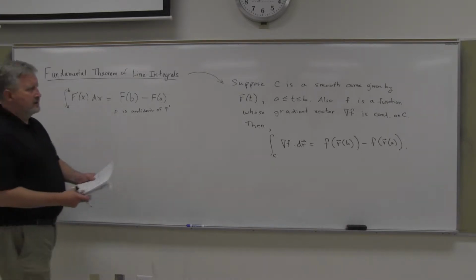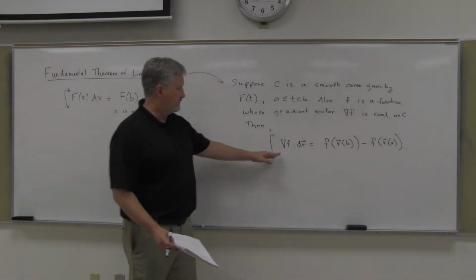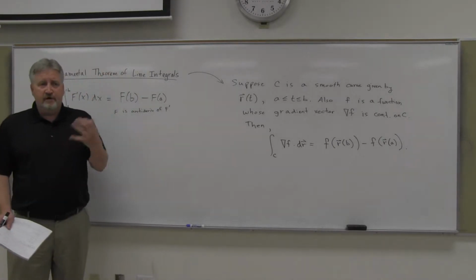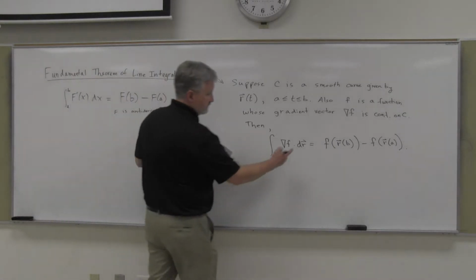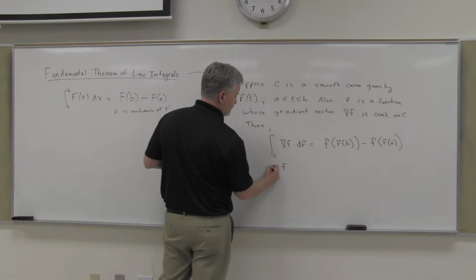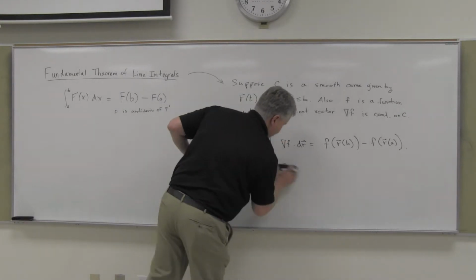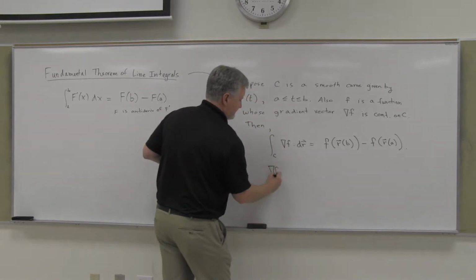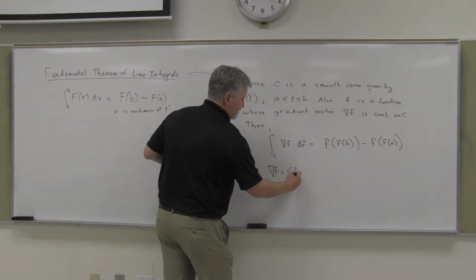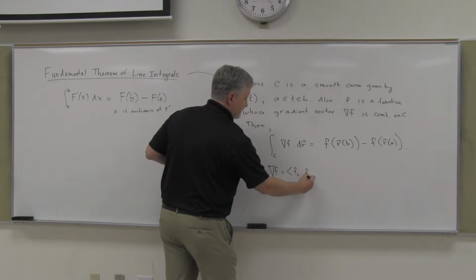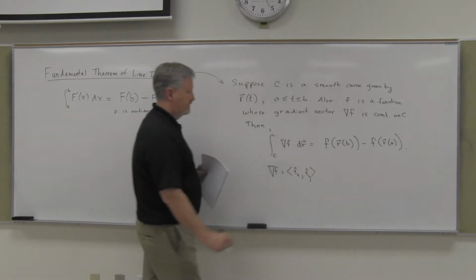Remember, the gradient function is the partial derivatives. If we're talking about two variables, the gradient of f is the partial of f with respect to x, comma, the partial of f with respect to y.